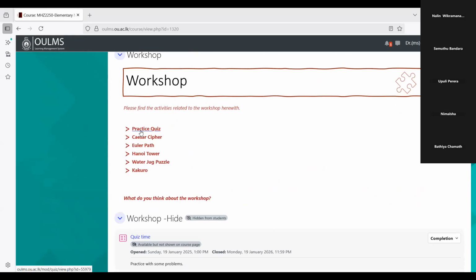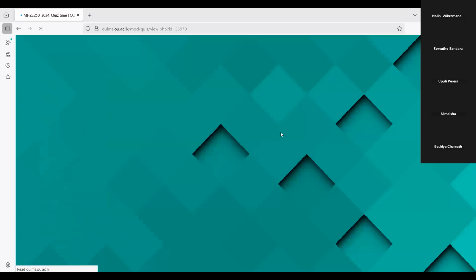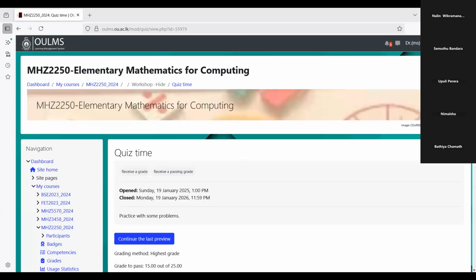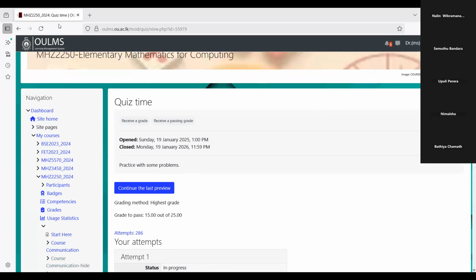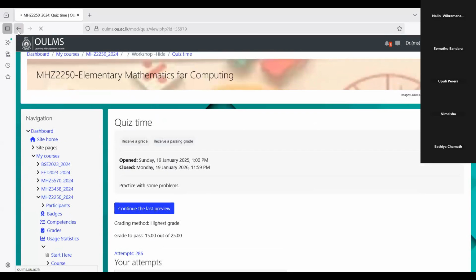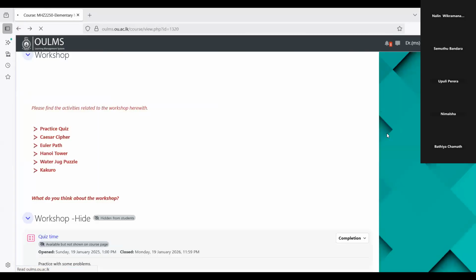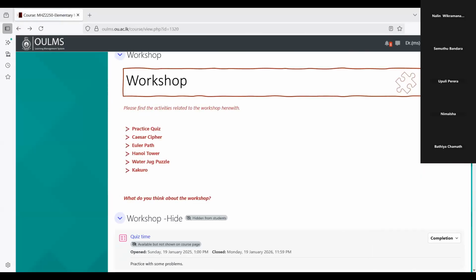And here there are practice quizzes. You can go and do them. These practice quizzes are given for you to practice, and there are other day school quizzes for which we are giving marks.